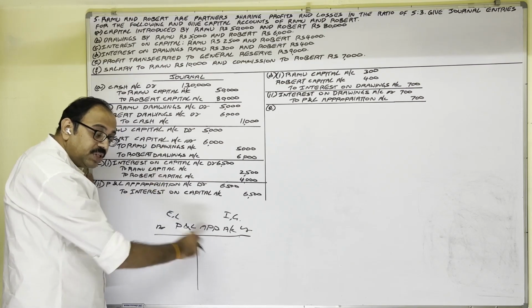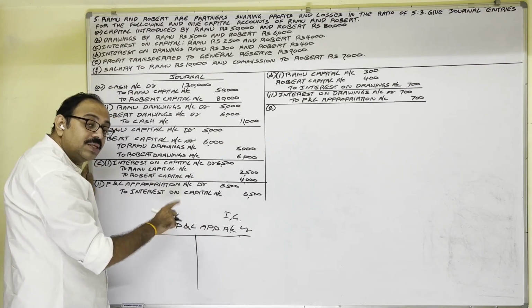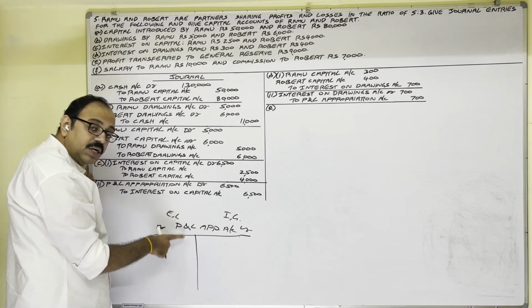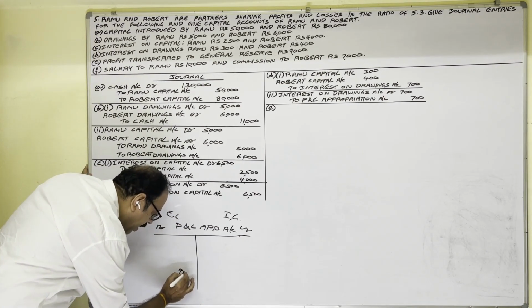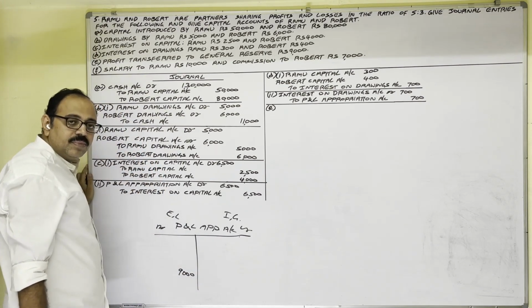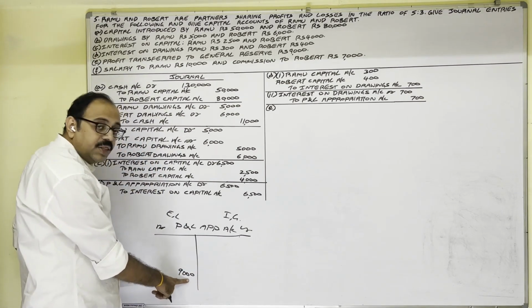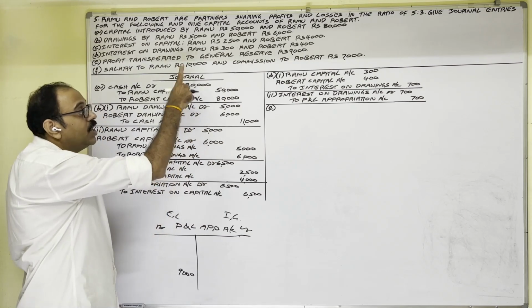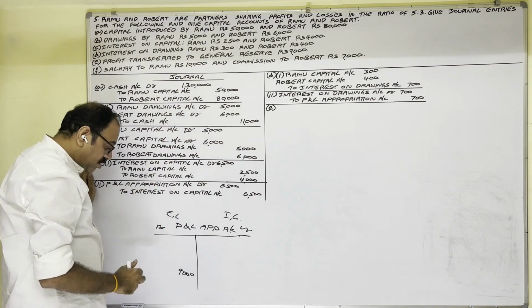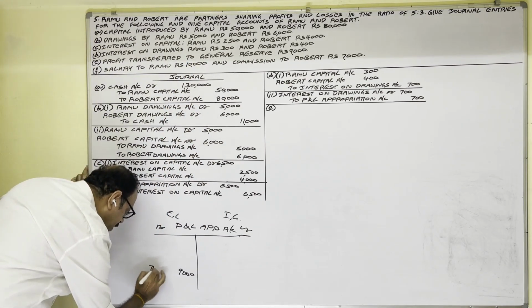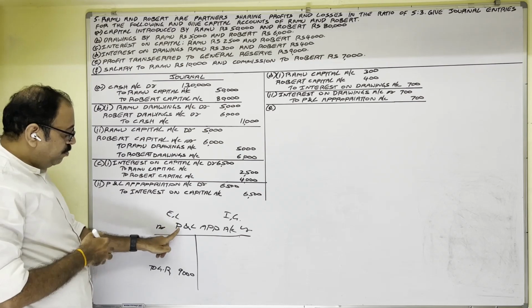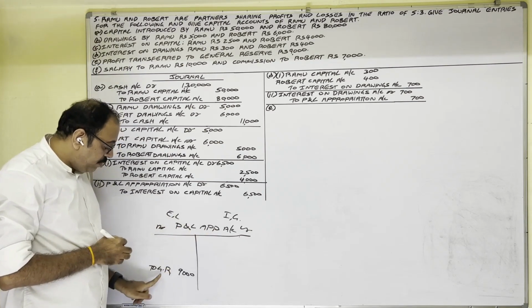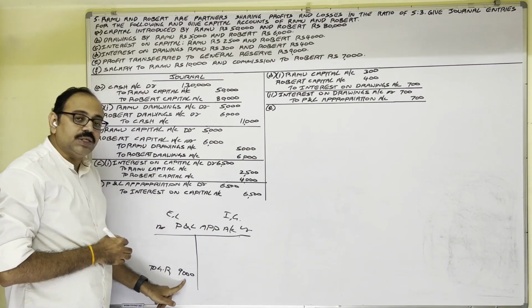So that profit we should show on the side where the total is less. Expenditure side total is less. So on the expenditure side this 9,000 comes. And this 9,000 he is asking us to transfer to general reserve. Means in particulars we have to write to general reserve. Observe the posting. In P&L appropriation account, debit side we wrote to general reserve.